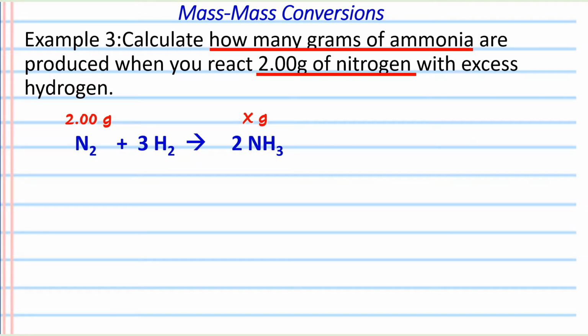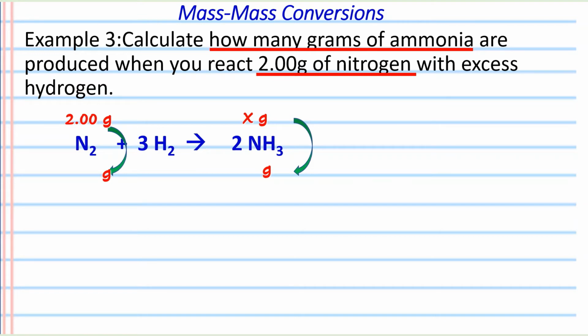So the first step was to write the information from the question above the balanced reaction, which we just did. The second step is to drop our units. So since there's grams above the nitrogen, we're going to put grams below. And since there's grams above the ammonia, we're going to put grams below the ammonia as well.